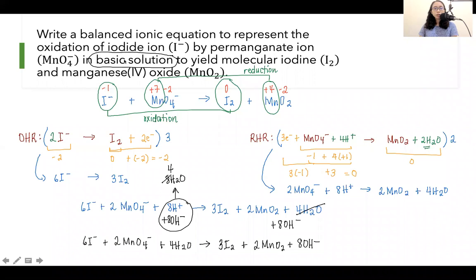So the total charge on the reactant side is -6 plus -2 plus 0. So that is -8. And on the product side, we have 0 plus 0 plus -8, which is also -8. So after checking, then we are confident that our balanced equation is correct.